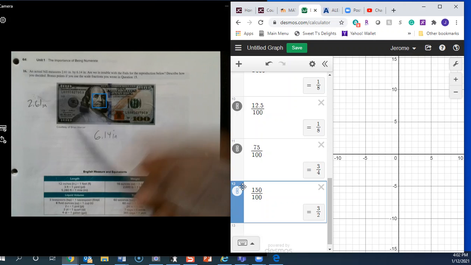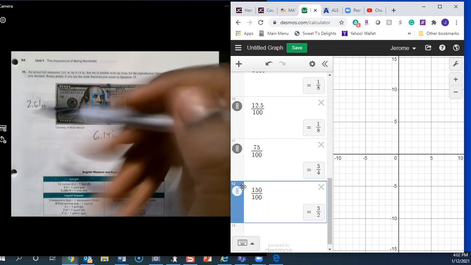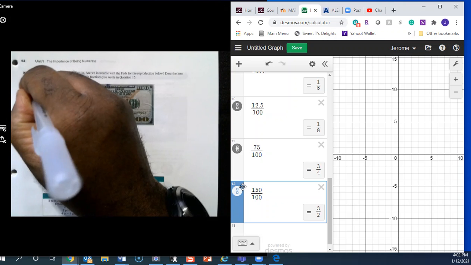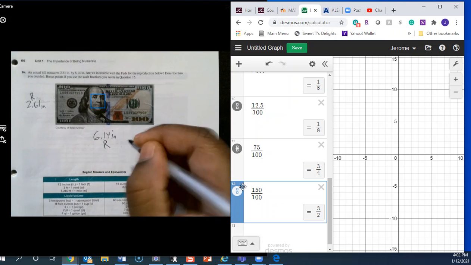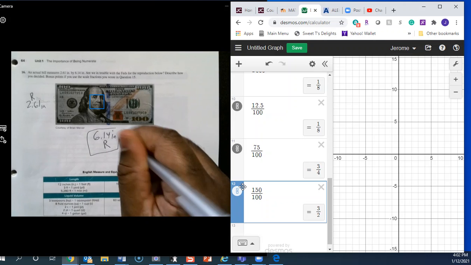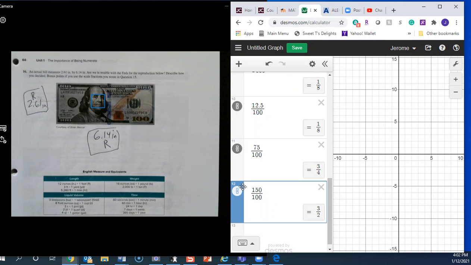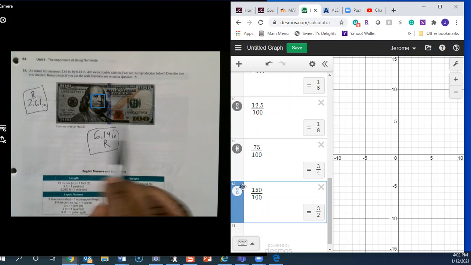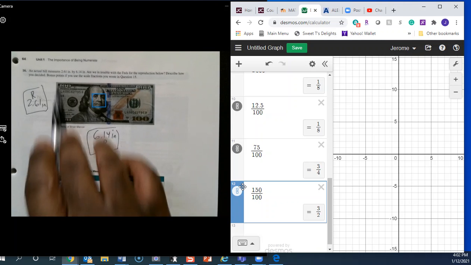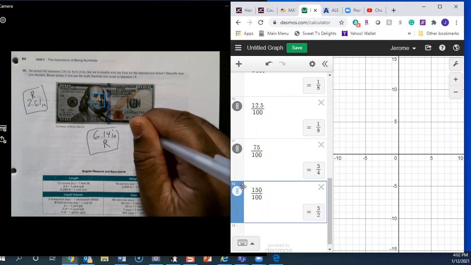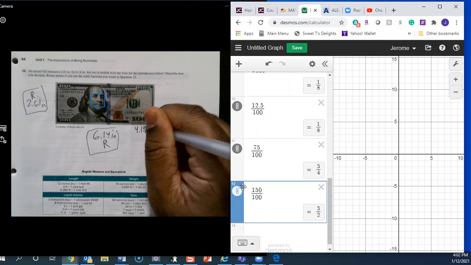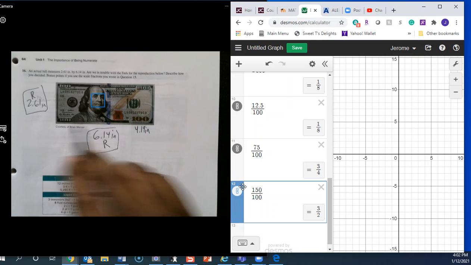Okay, so basically, this right here is the real. I'll just put an R there to indicate that this is the real amount, or box this in for the actual $100 bill. But if we were to take a ruler and measure this that's in the book, this side would be 4.19 inches.